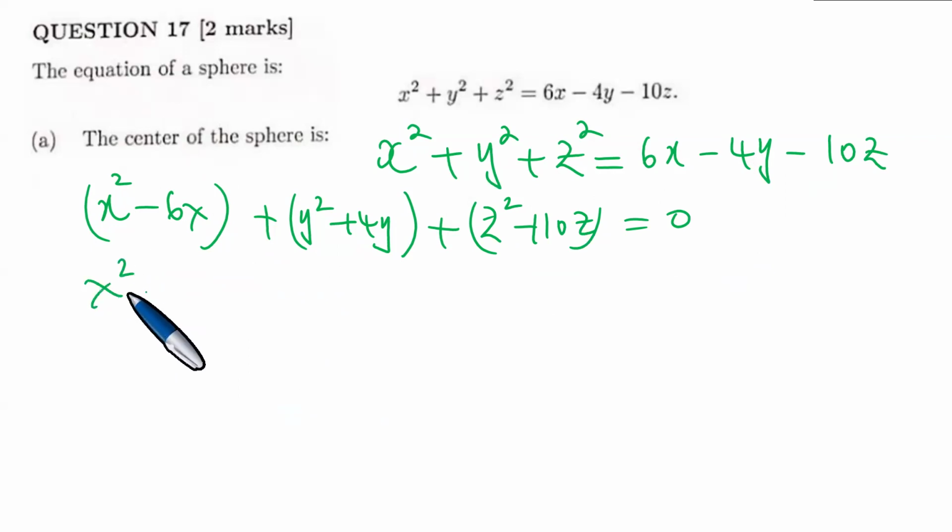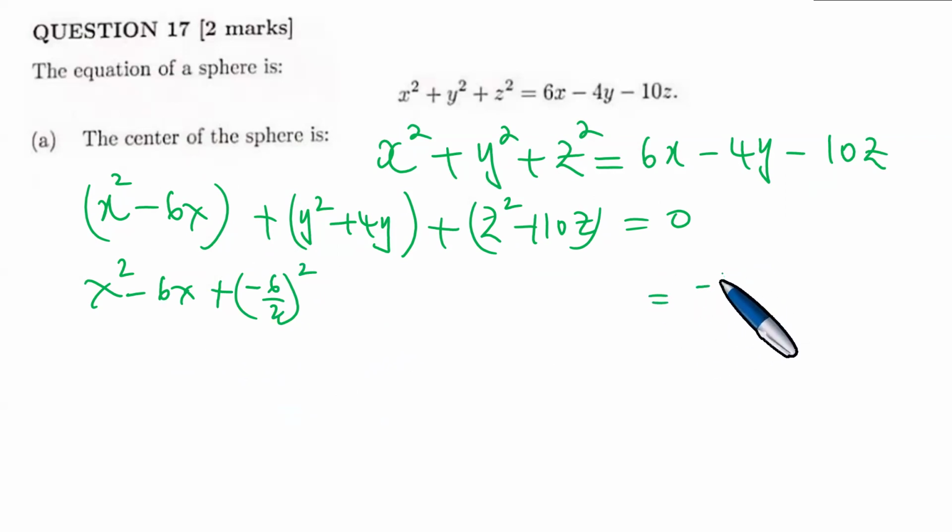And then the next thing is we have x squared minus 6x. We take half the coefficient. So with minus 6, we halve it and we square that. But whatever we do here, we must also do this side.